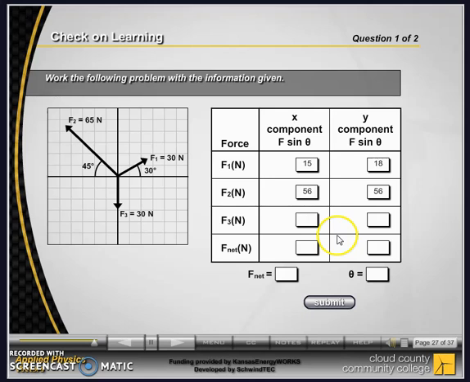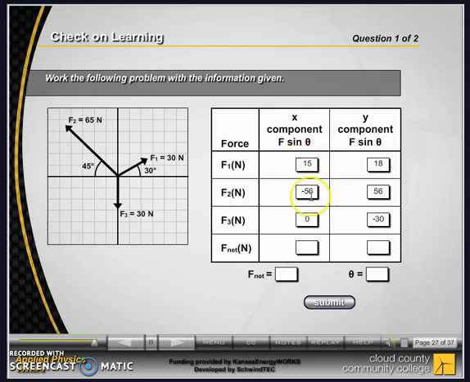No x direction, all y direction. Add them up. Approximately 71. Don't forget to make this one a negative.